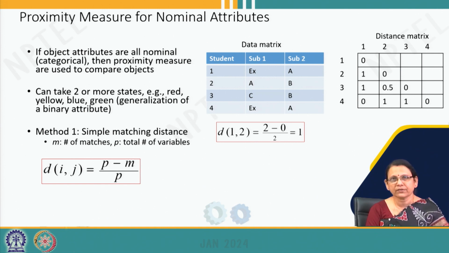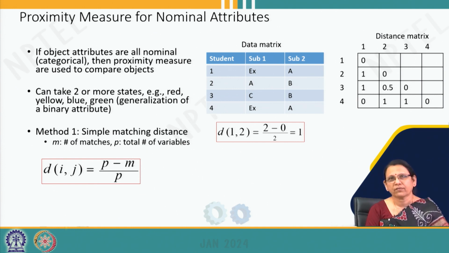So, for example, in this example, there are 4 students who are getting grades in 2 subjects, Ex, A, B, C, B, Ex and so on. Now, this grade, which is a qualitative thing, we have to represent in quantitative form.